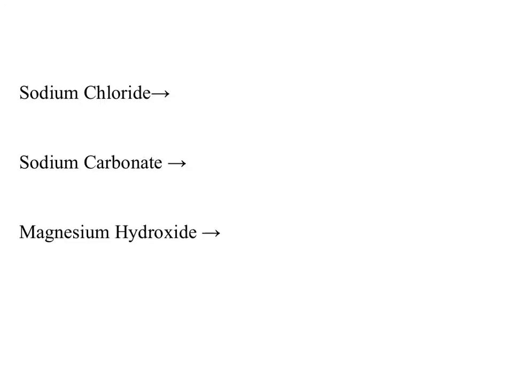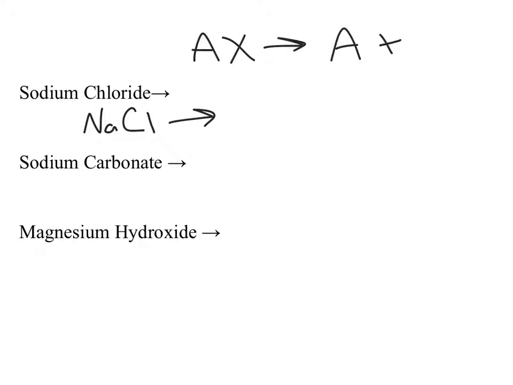Okay, so here's a couple examples. So the first thing I want to do is to write out the actual chemical formula instead of having a name. So sodium chloride is NaCl. Now, I know decomposition reactions follow the general format AX yields A plus X. So I have one compound on the left-hand side, and it's going to break up into 2 things on the right-hand side.